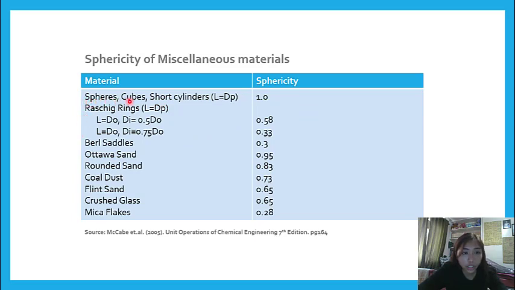For spheres, cubes, and short cylinders, length is just equal to the diameter of the particle, and its sphericity is equal to 1. We also have here Raschig rings and Berl saddles. But we can also compute the sphericity using the formula in the previous slide.